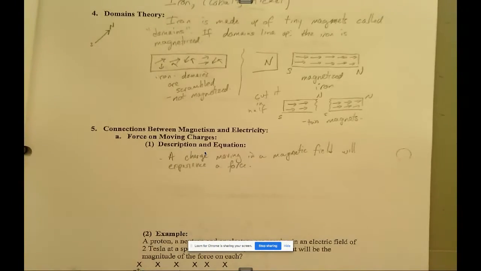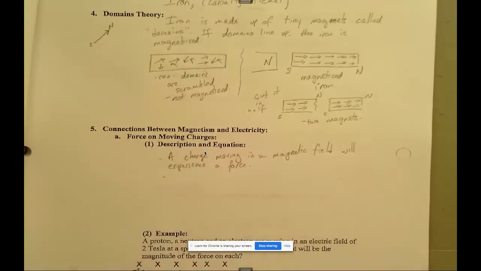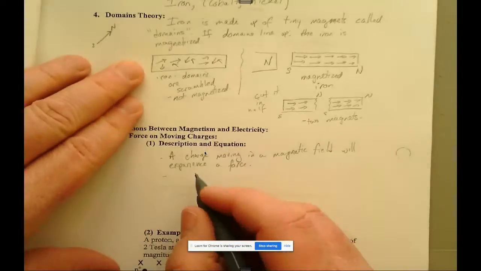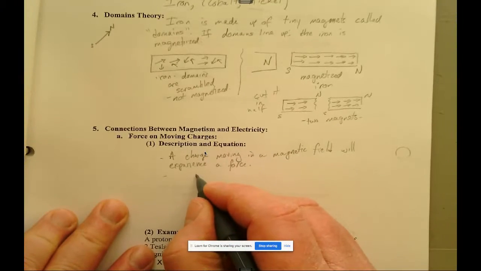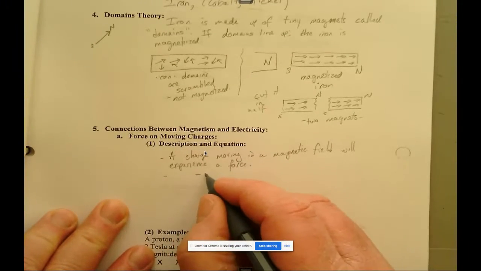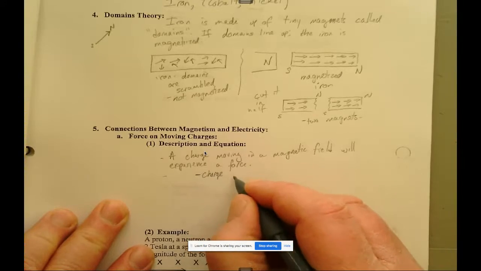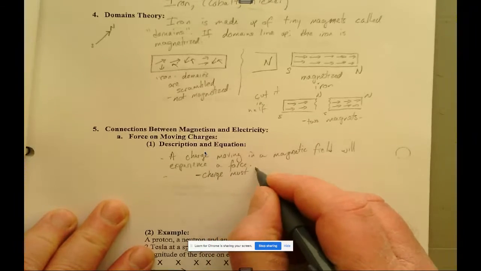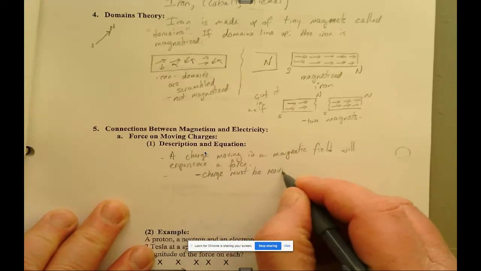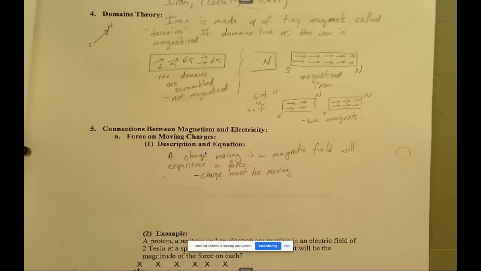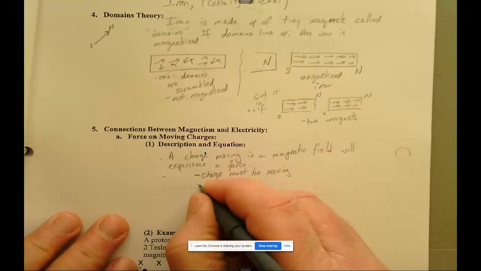Now, this force is really weird, because there are some things about the force. The charge must be moving. So if it's moving in the magnetic field, there's going to be a force, but if it's not moving, there is no force.